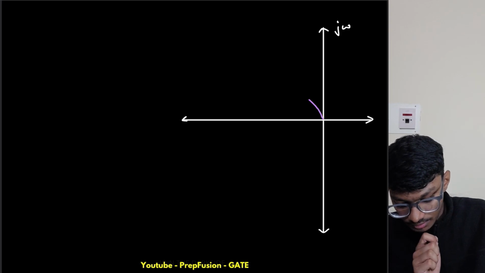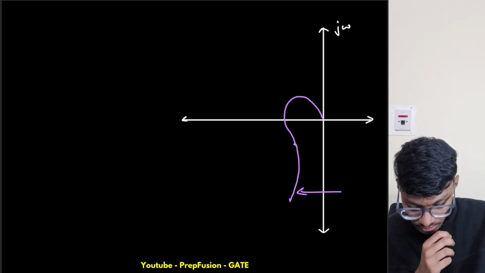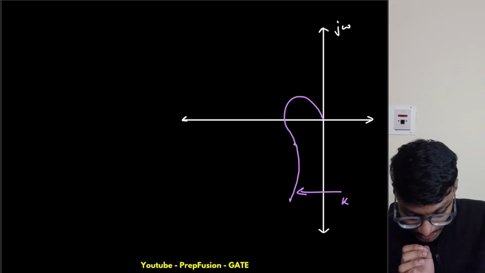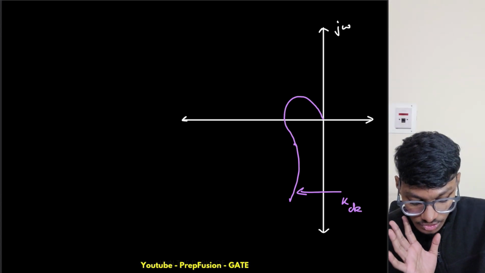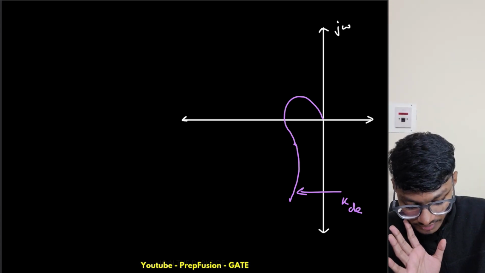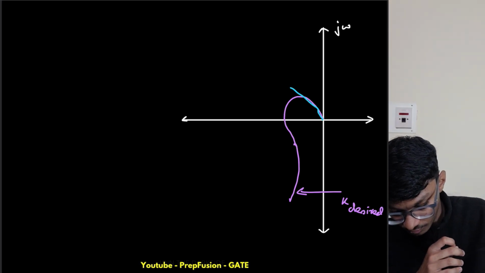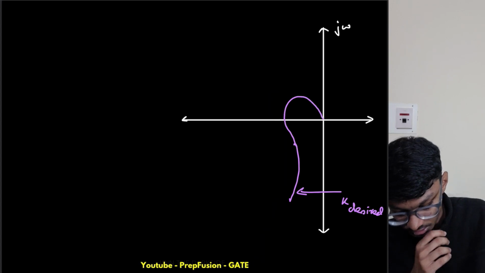So let's say the current gain of the system is 25, so it is operating at 25 gain. This is like k desired, a desired gain at which I want my system to operate. Let me draw two curves, and there also we will understand better.